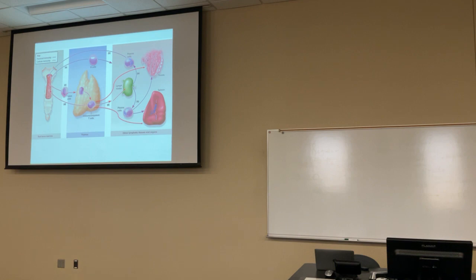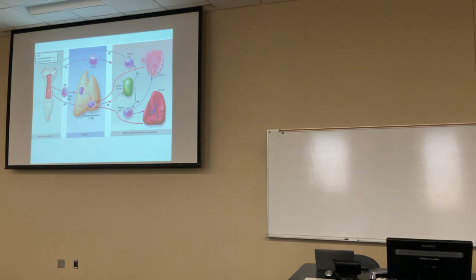The T cells, some of them migrate from the bone marrow into the thymus, where they mature. Some of them that might be harmful are eliminated by the thymus. And then eventually those T cells leave the thymus and go into lymph nodes, and they circulate in the blood, where they undergo surveillance for foreign particles and mobilize an immune response if necessary.